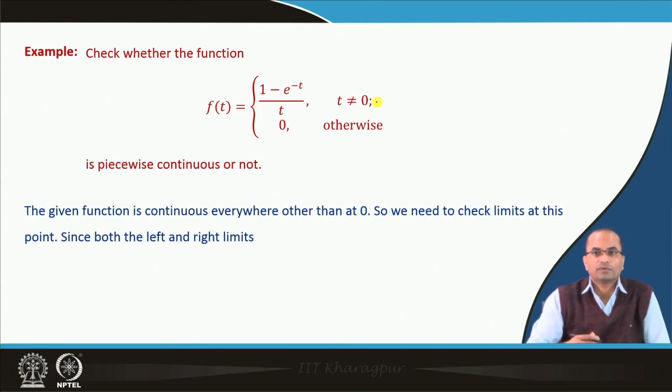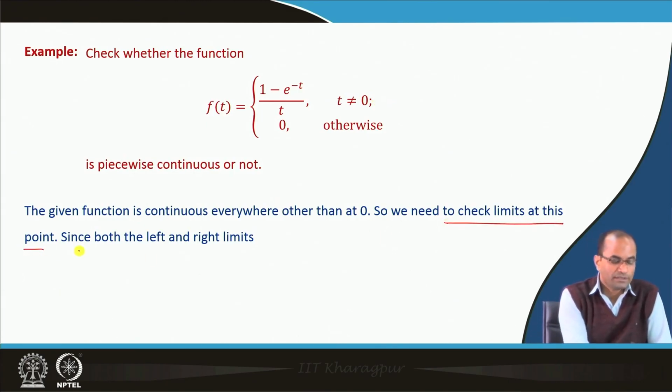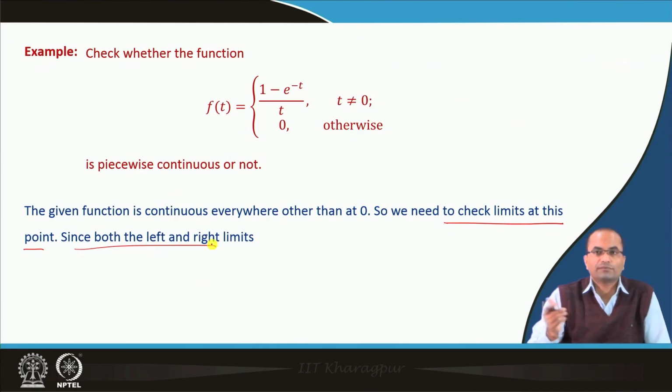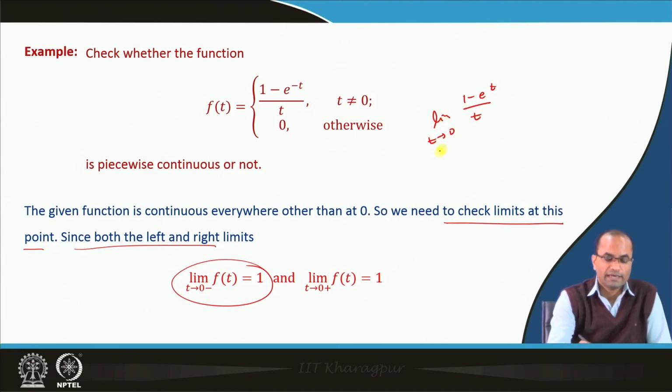So, we do not have to worry about the piecewise continuity of the function elsewhere, but we need to check the limit point. That means, at 0 we have to check the limit from both ends. Because we have 1 minus e to the power t over t, if we take the limit as t approaches 0 from any end, this is 0 by 0 form.